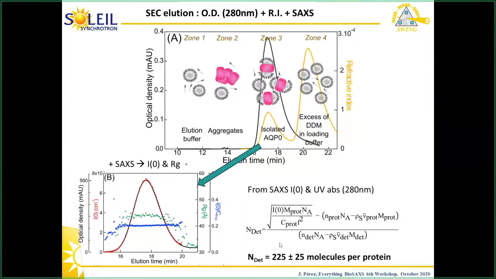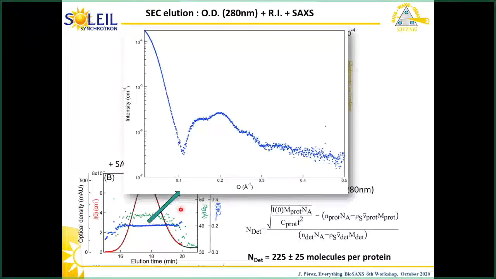And we ended up with something very similar to what we had before by comparing UV to refractometry. So we were happy about that because all the data were coherent with each other. So then we were confident that the final curve that we produced by using the average of the curves under the peak here was truly the curve of the protein-detergent complex. So here is the average that we get.